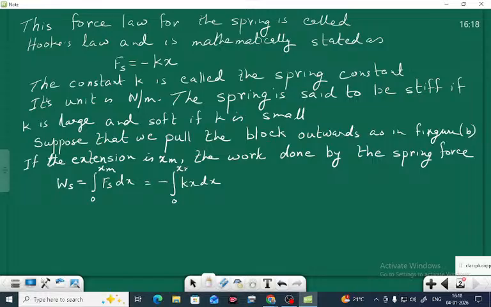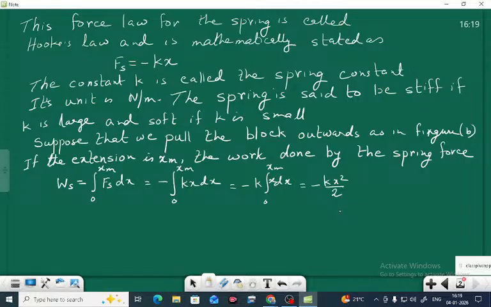Here k is a constant, and the integral of x dx is x square by 2. Therefore we get the value minus k xm square by 2.